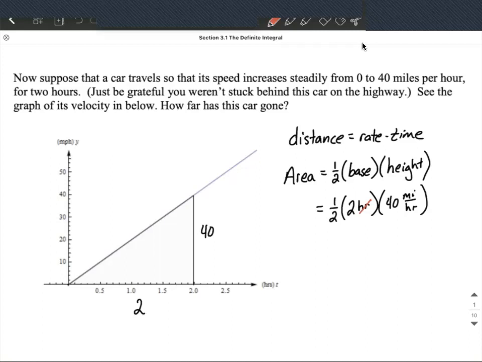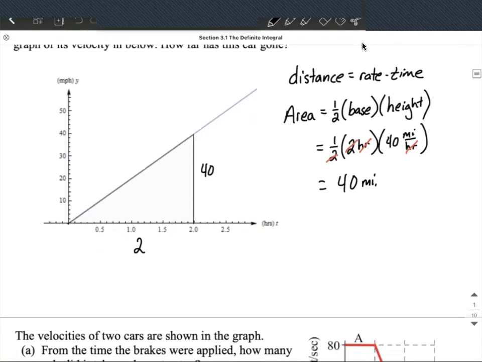Again, work with your units, multiplying and dividing by hours, so our units are going to be in miles when we get done. We have 1/2 times 2, which makes 1, so we're left with 40 miles total, which you may have been able to guess based on the previous one, that we made it twice as far if we stayed at a constant 40 miles per hour.